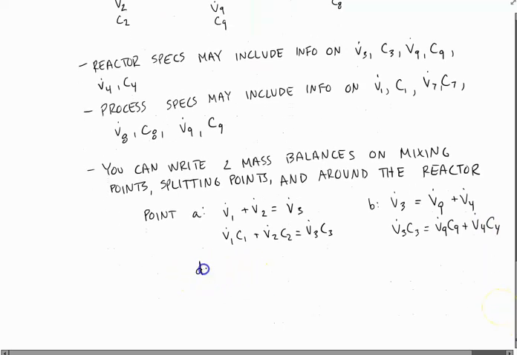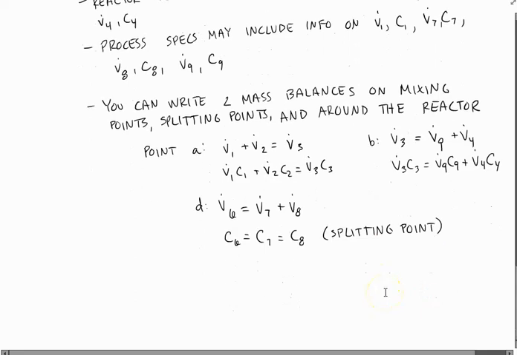So I can still write the mass balance on the carrier fluid like I normally would, but then realize that at the splitting point, there's no sort of separation or mixing that's happening. So all of those concentrations are going to be 0.